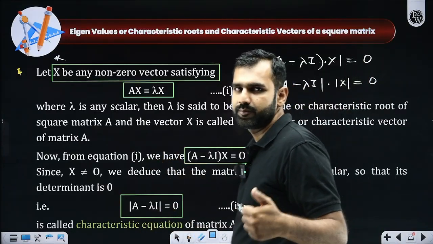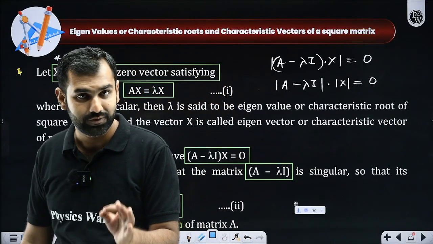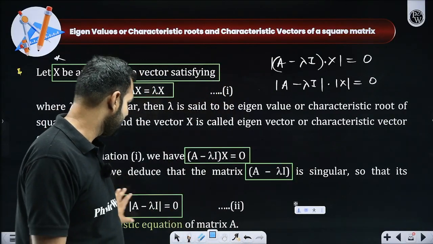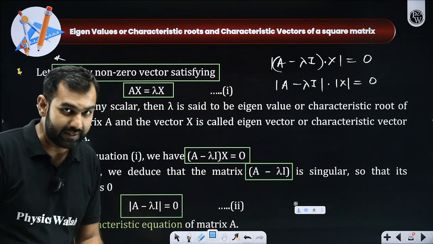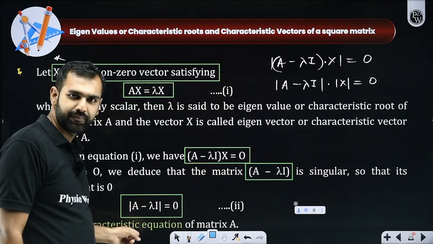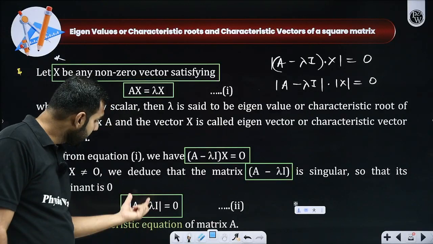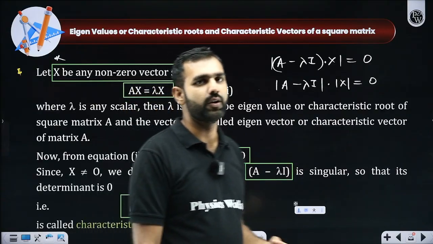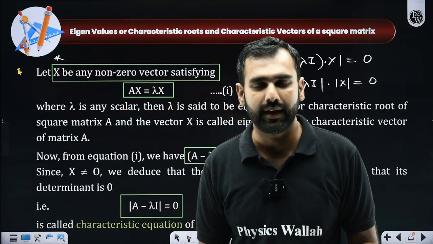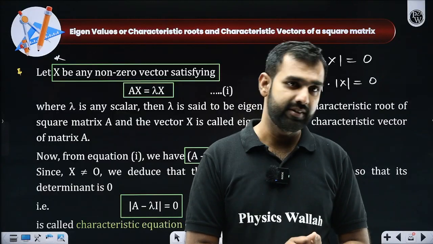Give me a quick thumbs up in the chat box if you have gotten this final verdict. I repeat this line: for any matrix A, there will always exist a scalar lambda such that A minus lambda I will be singular, which means its determinant will be 0.